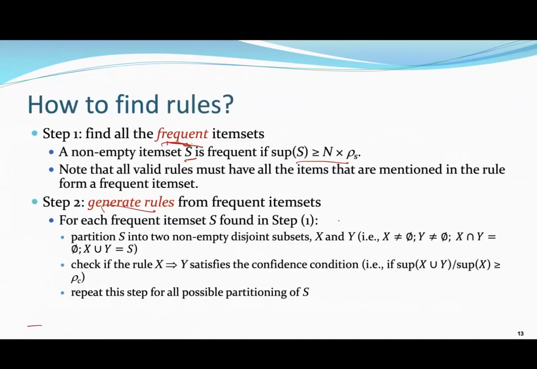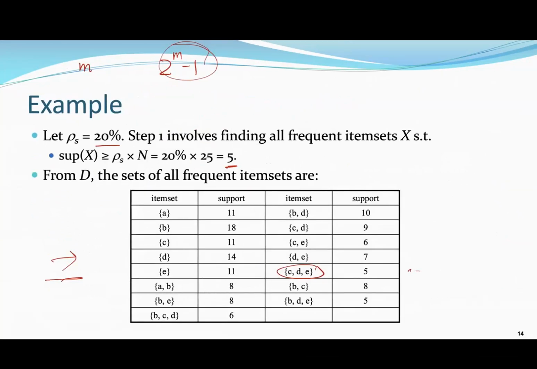That is, we want to compile this table, which consists of all the frequent item sets as well as their support counts. This is the result of the first step of generating the rules. The second step is deriving the rules and checking the confidence, right? The first step is to find all the frequent item sets as well as the support counts, and this part is typically very expensive.